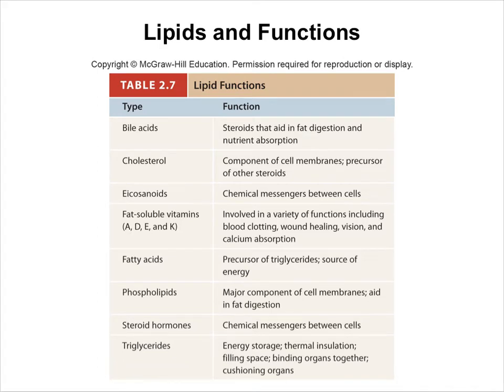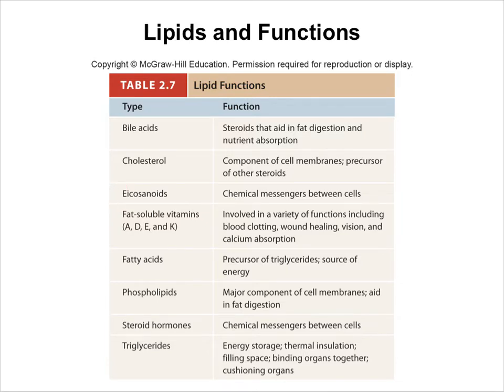Some other examples of places where you're going to see lipids used in the body. Bile acids, these are things that help your body to digest fats. Cholesterol, which I just said has a role in membrane structure. Eicosanoids, which are hormone-like things.